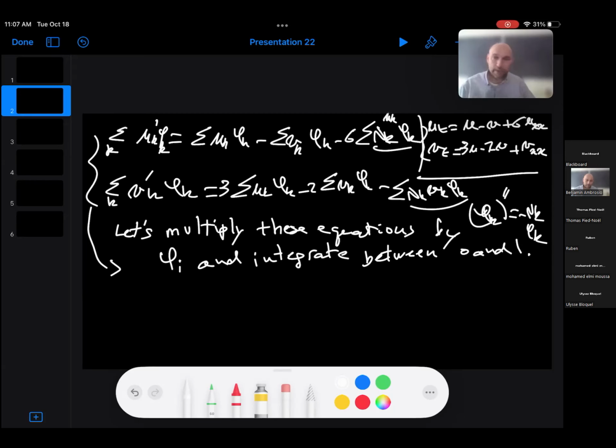So what do I get? Recall that the integral of phi_k phi_i equals 0 if i is not k, and 1 if i is k.